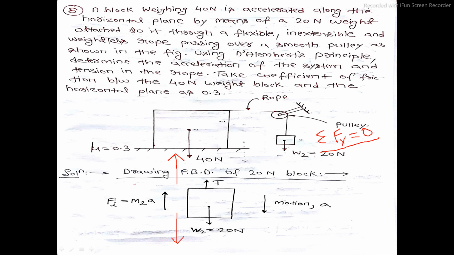So my force equilibrium equation will be: tension force T acting vertically upward, plus inertia force m2a acting vertically upward, minus weight of the block acting vertically downward, that is minus 20. No other forces are present, equal to 0.